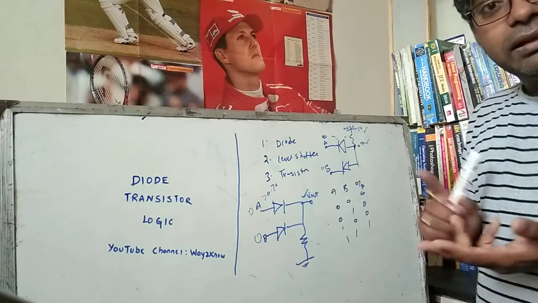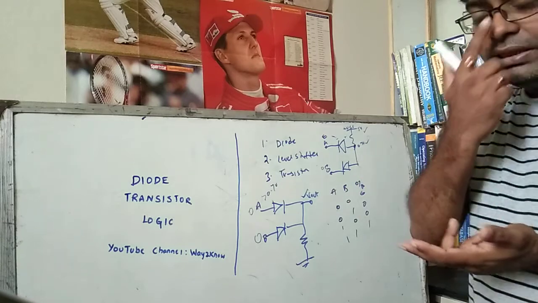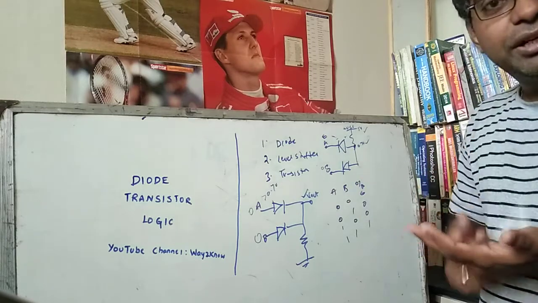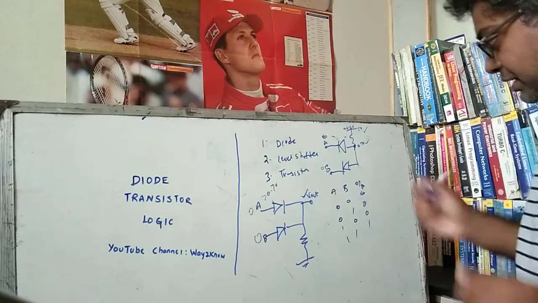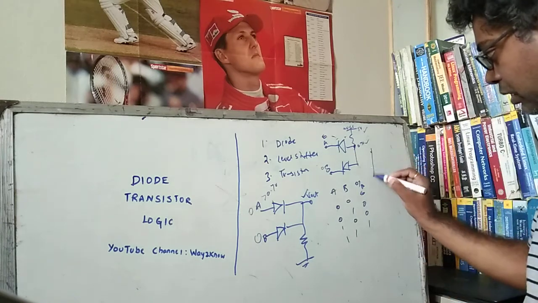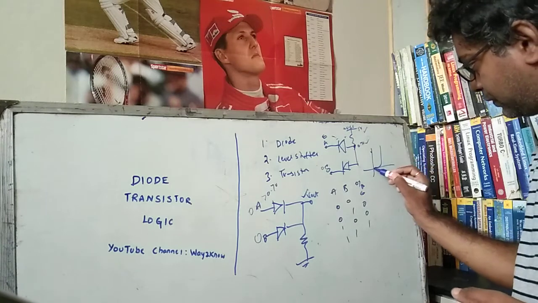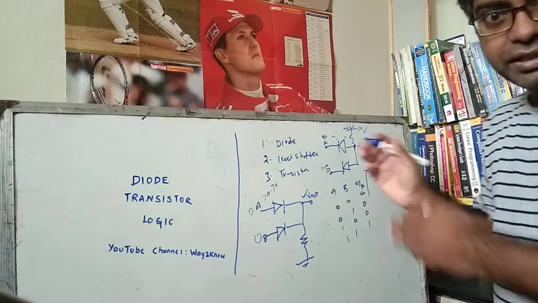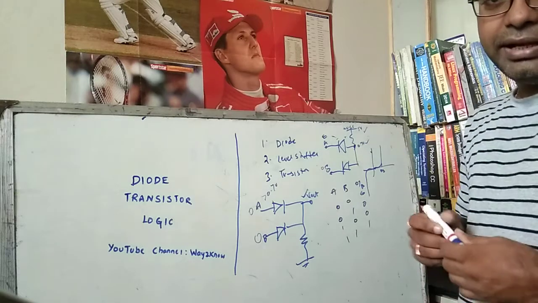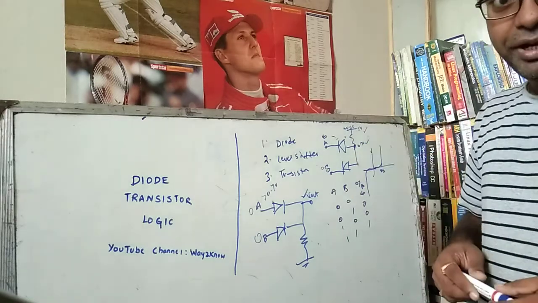If you want to understand this, you need to know the diode characteristics. The diode characteristics, if you draw them, would be this way, where there will be a breakdown voltage beyond which the diode starts conducting and the voltage gets clamped at that point.